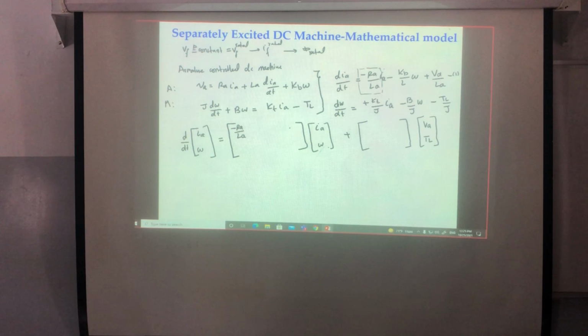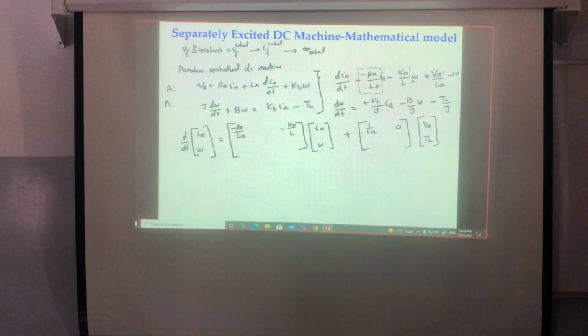Now the coefficient of omega in the first equation is minus KB, so this will be minus KB over LA. Now, can you see VA? What's the coefficient of VA? 1 over LA. Can you see TL in the first equation? No. So what's the coefficient? 0.